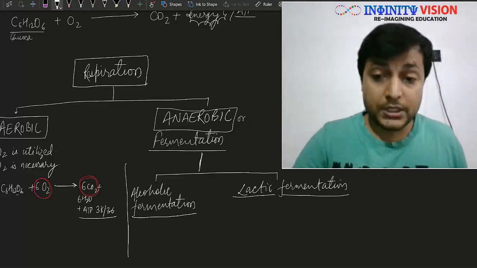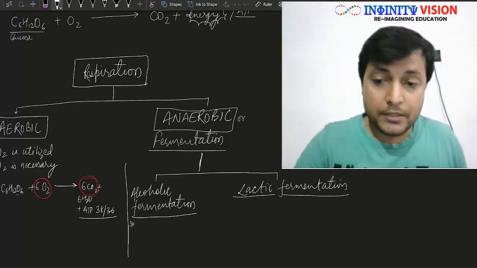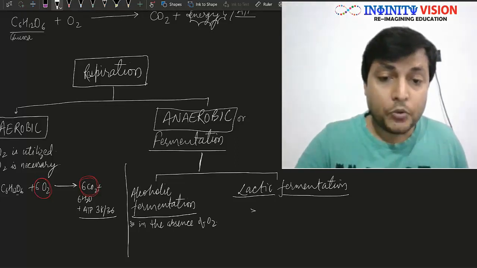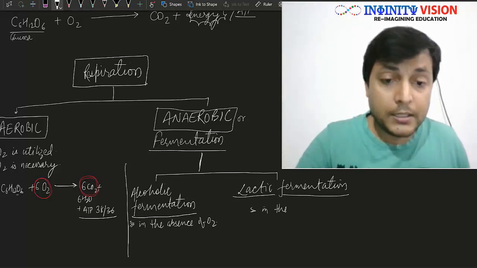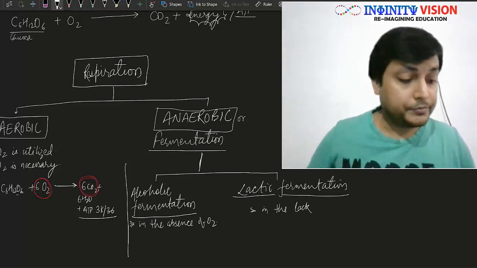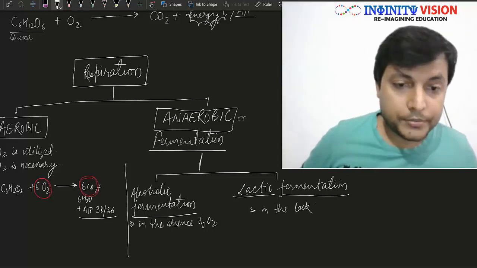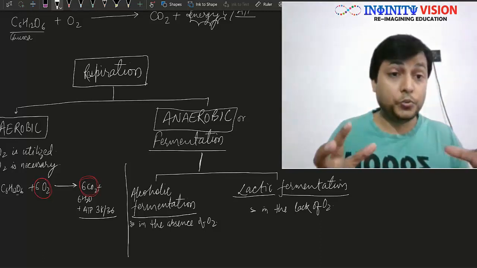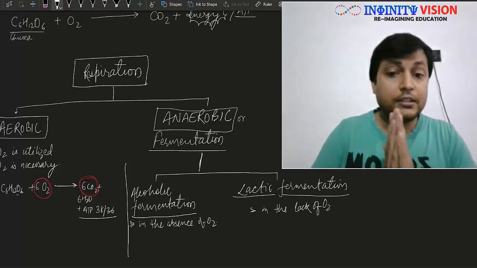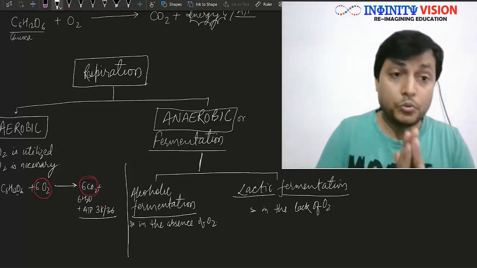Now what happens? Alcoholic fermentation occurs in the absence of O2, whereas lactic fermentation occurs in the lack of oxygen. See, there is a difference in the two things. When we say absence, there is no O2 at all.